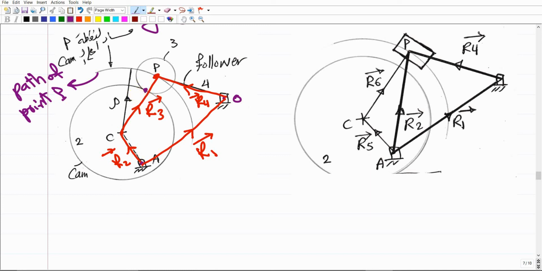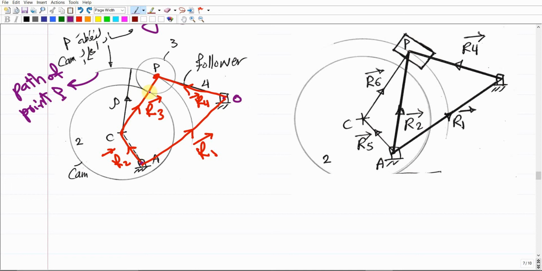This point has zero velocity, but it has a component of the acceleration. Why zero velocity? Because it is a fixed point with respect to the roller, right? So this is the point of rotation for the roller itself, because there is no sliding at this point. So I cannot connect this point to the point of contact here.